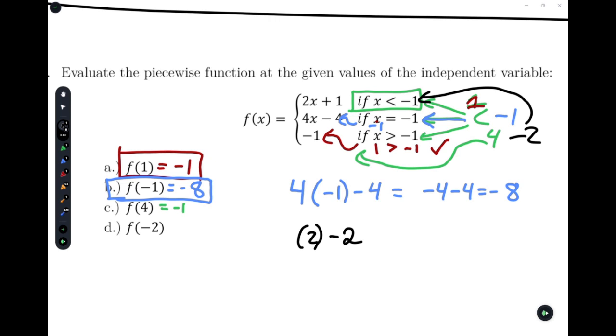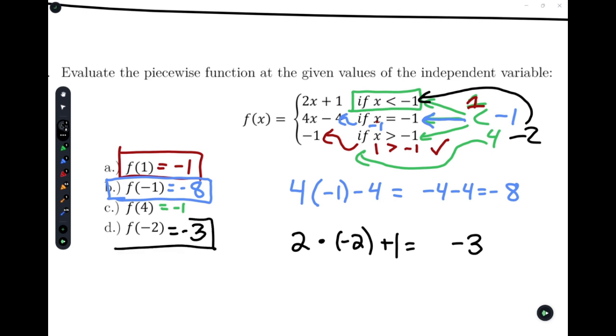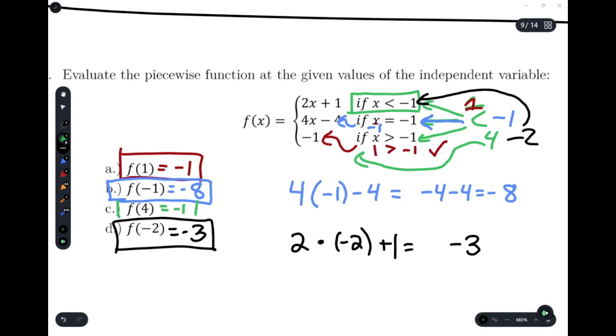Oh, that's a bad way to write that. Don't write it like that. I think we should write it like 2 times negative 2. Is that a prettier way to think about it? Equals negative 3. Is that okay? Cool. It's like a sorting machine. I try to think of a different example. I can't.